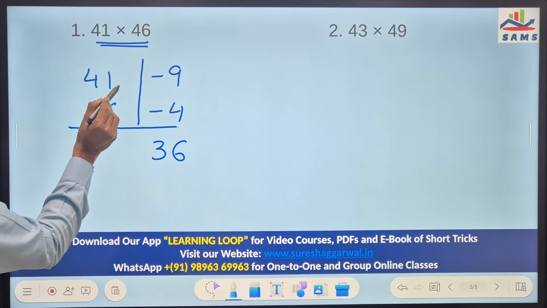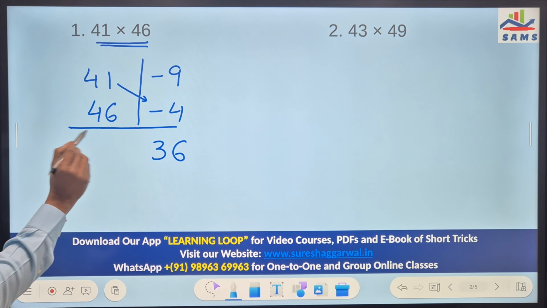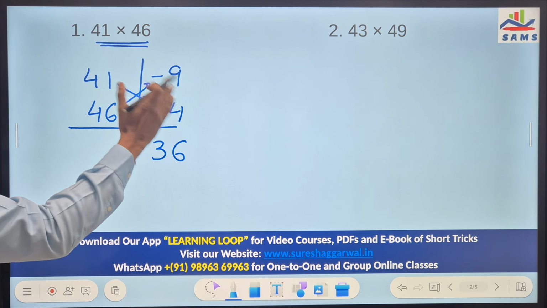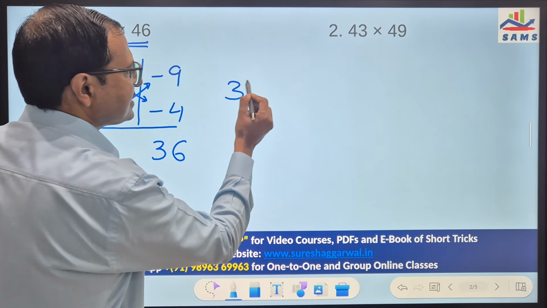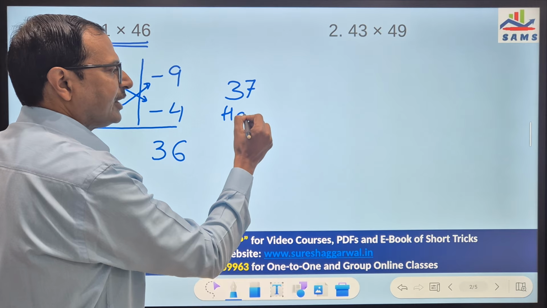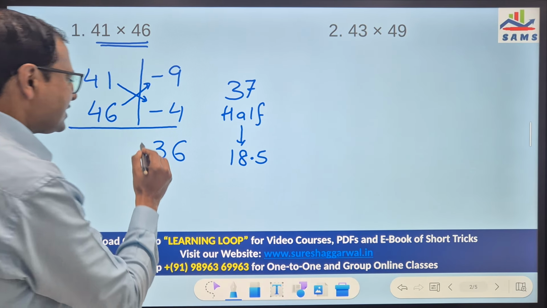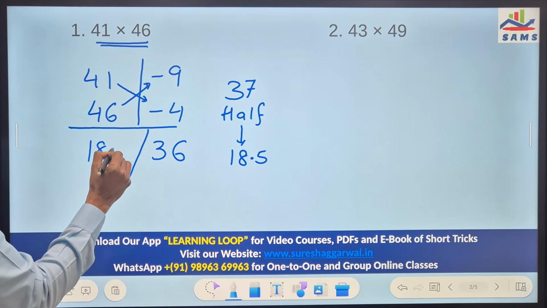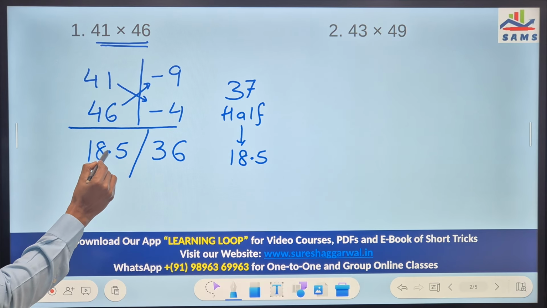Now either do this, that is 41 minus 4, you will get 37, or do 46 minus 9, you will again get the same thing, 37. Now 37 is an odd number, and if you take half of 37, you will get 18.5. So let me just separate this using a slash and write 18.5 here. Now the first thing you have to do is to forget the decimal.